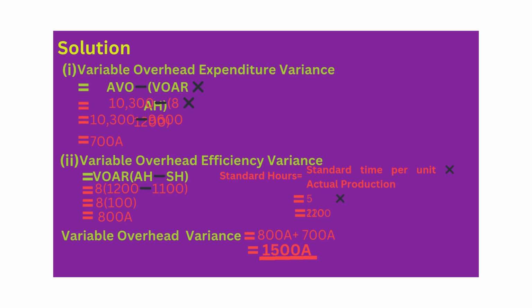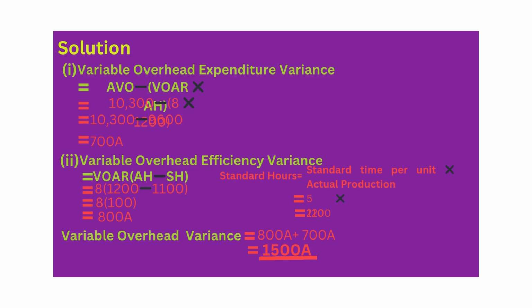Our actual variable overhead, the cost incurred, is 10,300 shillings, minus our variable overhead absorption rate of 8 shillings multiplied by actual hours, which is 1,200 hours.